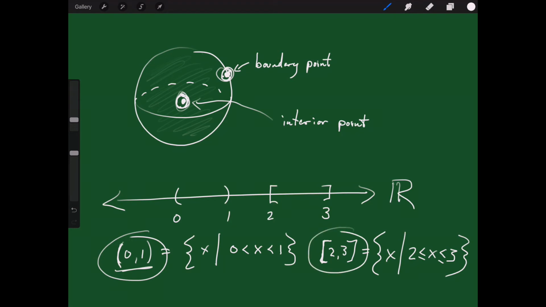So we understand what an open interval is, and we understand what a closed interval is, but we can also think of bigger shapes as being open or closed. Let me show you what I mean. In 2 dimensions we have a circle that's filled in.